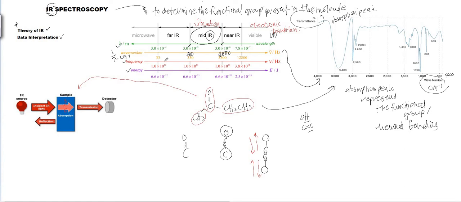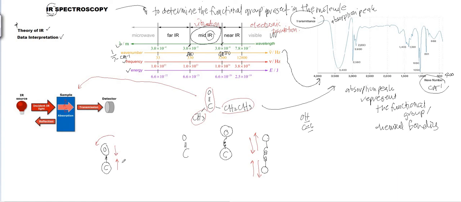For example, you have a C and also an oxygen. You try to assume it vibrates. For example, it can do stretching, or we say it can bend. Later I will introduce a little bit about the types of vibration, to add to your knowledge regarding this one. But first, you try to assume this one first.